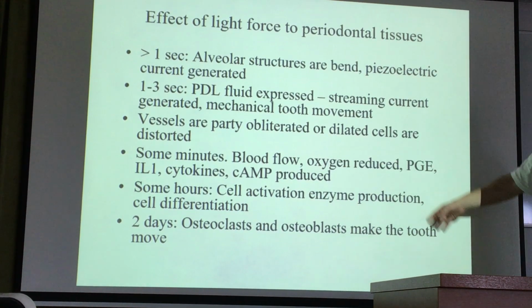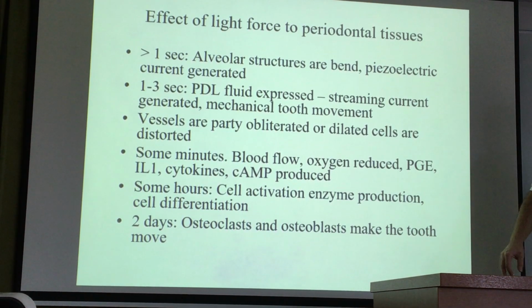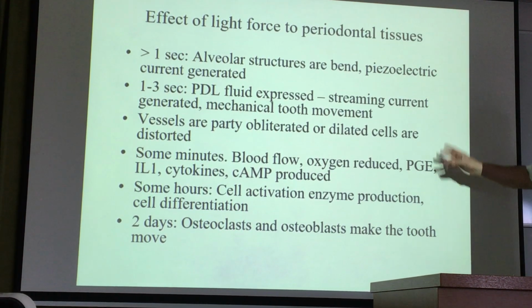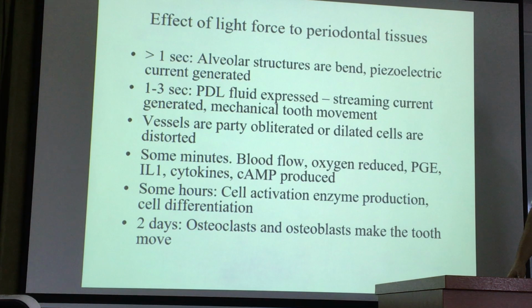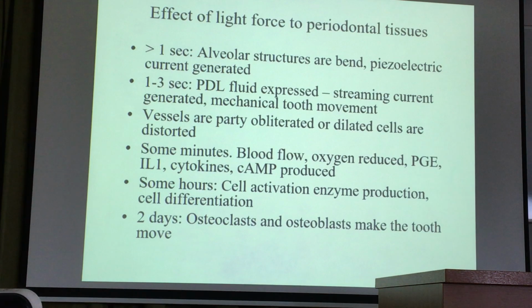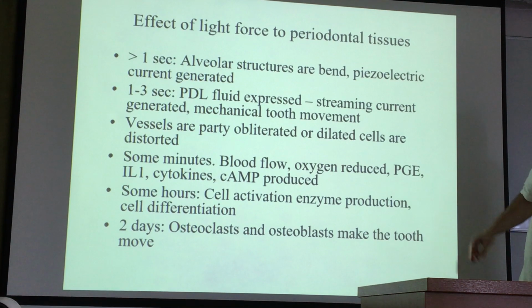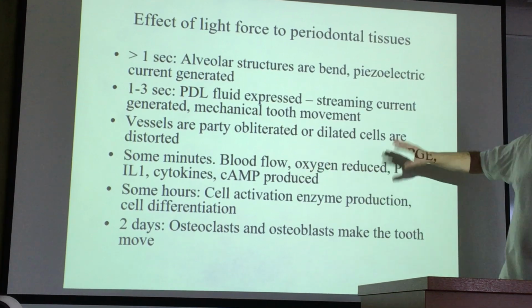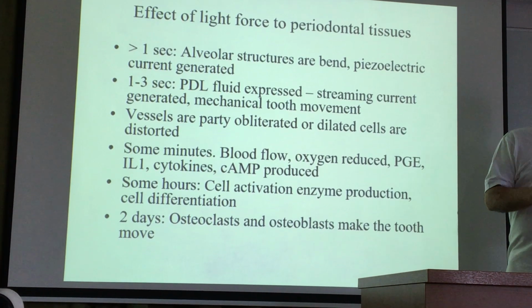the oxygenization is reduced, so oxygen capacity is reduced, and some bioactive molecules will be produced: interleukins, cytokines, cyclic AMP, and prostaglandin E is produced. So some bioactive molecules are produced, which are very important in bone metabolism.